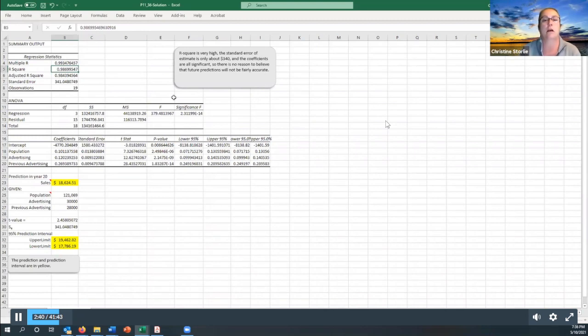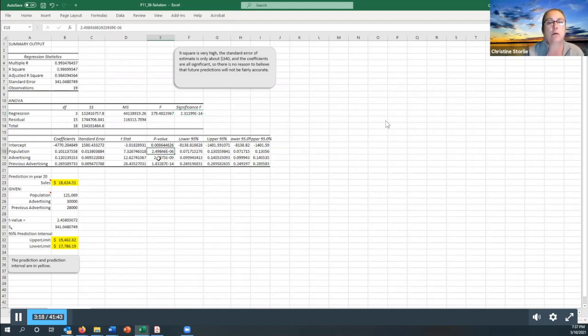R squared is indicating that 98.7% of variability in sales is accounted for by the regression model, and with a Pearson correlation coefficient of 0.99, that's a very strong relationship, almost perfect. So that's awesome. The model itself is significant because the p-value here is 2.31 times 10 to the minus 14, so a very small p-value.